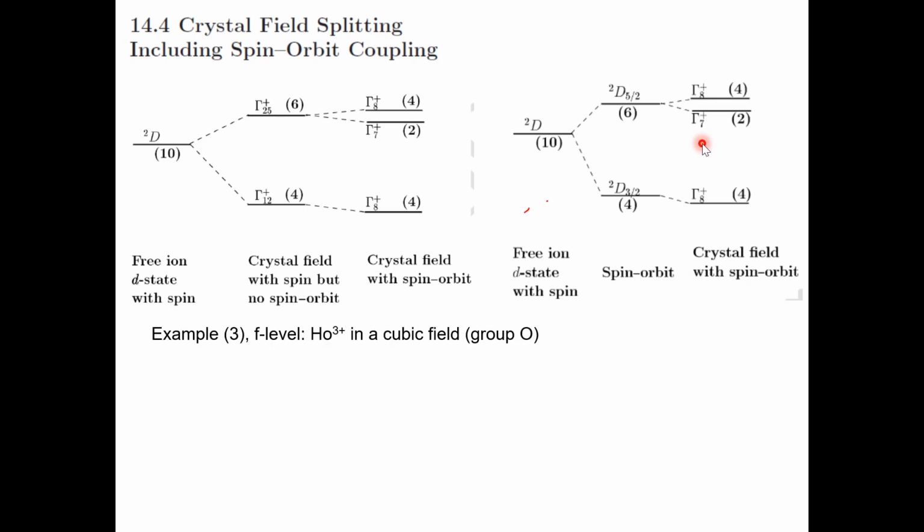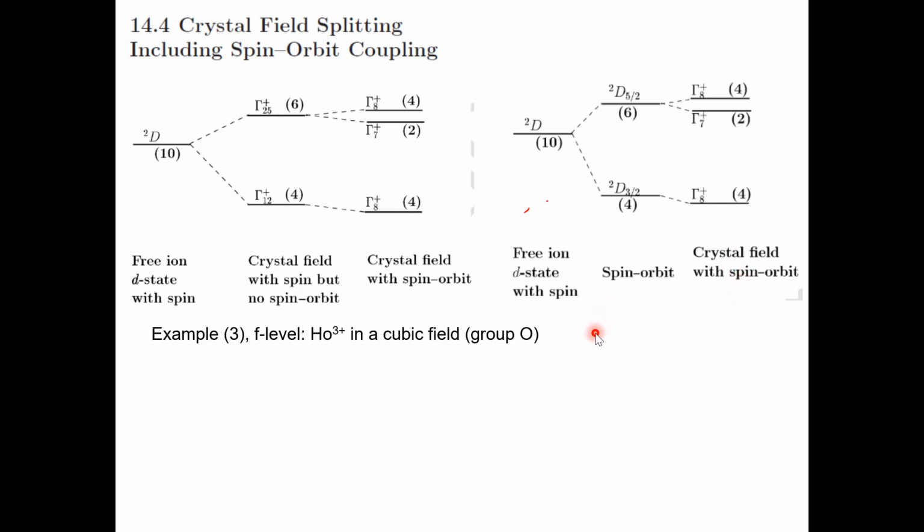So what we are going to do now is to consider rare earth systems with open f shells, f levels, and there are two cases to consider. So in this case, clearly the spin orbit is stronger than the crystal field, so it makes more sense first to do the spin orbit splitting, and after that we do the crystal field splitting.